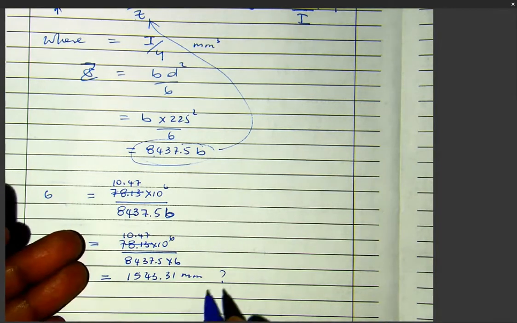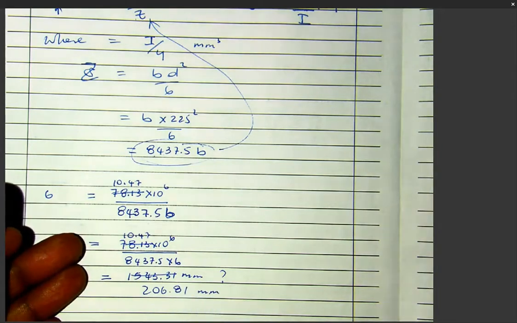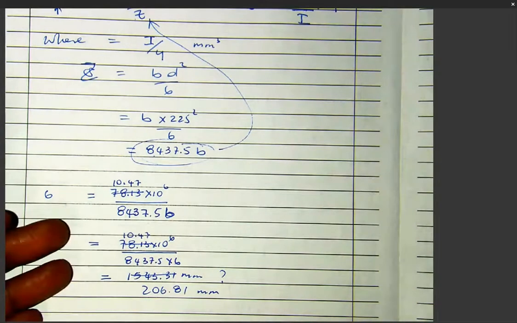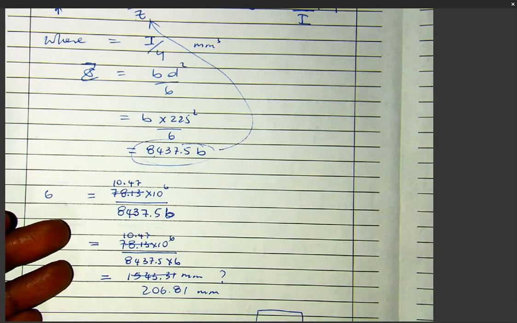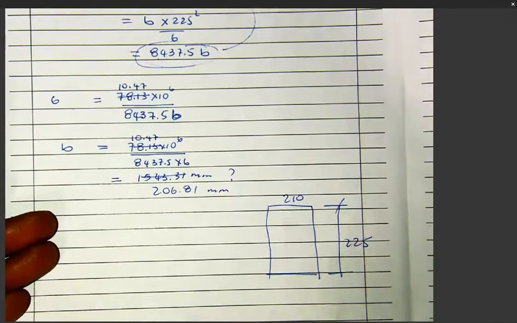It's 206.81 millimeters. Even this one is a bit too much. It's almost a square beam. This side, let's say, is 210, and this one is 225. So even this one is too much.